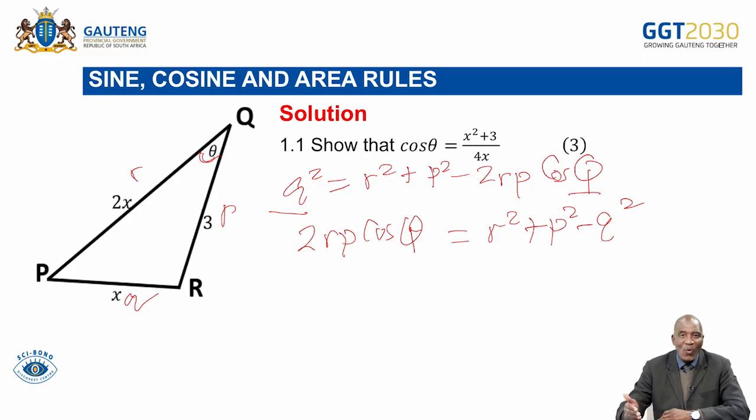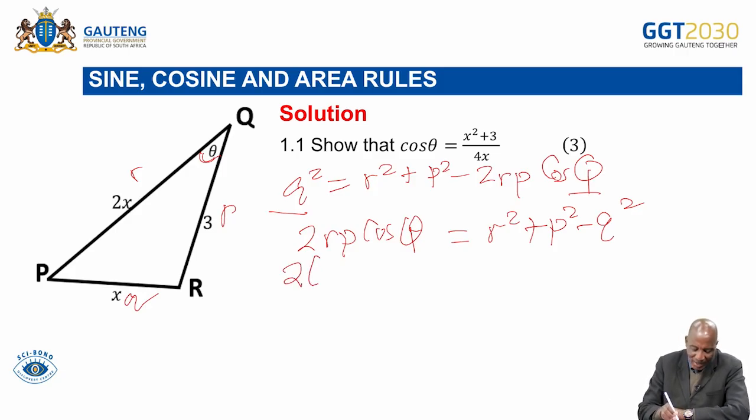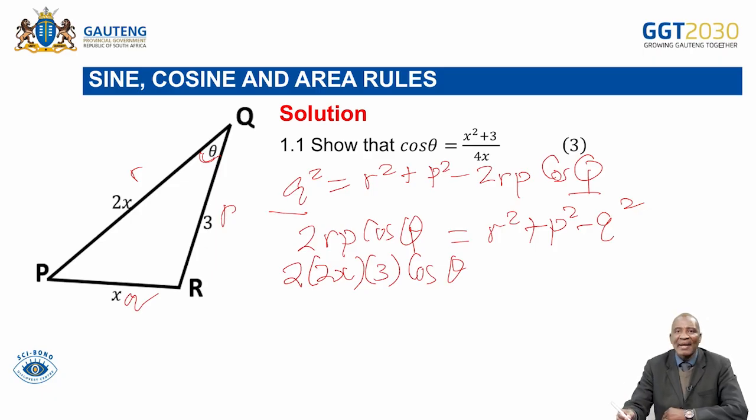One may wonder, why did I start with q squared? I took advantage of the given angle theta, and the side that is opposite theta is q. That's why my formula took off with a q squared. Then let's substitute. Twice our r, which is 2x, times our p, which is 3, then cos of theta, where we replace Q with theta.